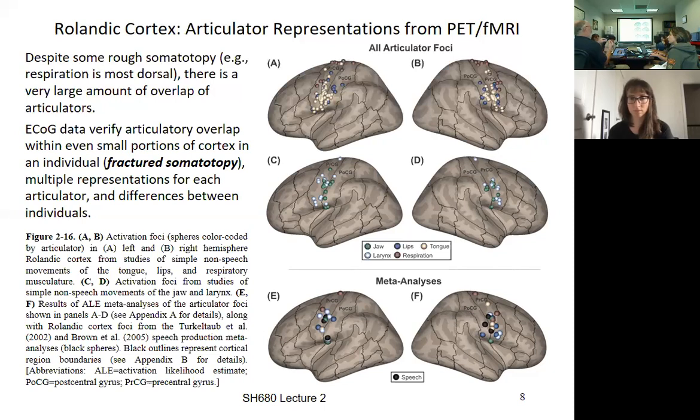Although that is true, there are then suddenly a bunch of jaw representations right next to the lip and things like that. For that reason, they use the term fractured somatotopy to describe this type of representation. Unlike in the visual system, where there's a very beautiful, clear-cut, non-violated map of retinal location in primary visual cortex, here it's not this smooth. It's a little bit more discretized, with different muscles intermingled with each other in the cortical representation. And that's what fractured means.